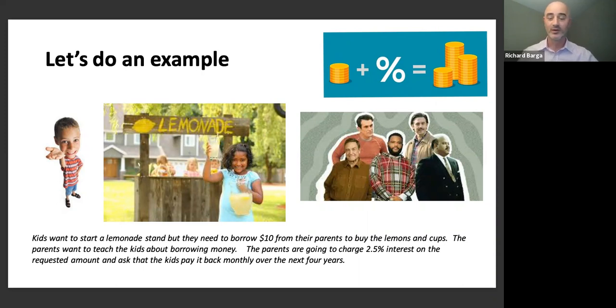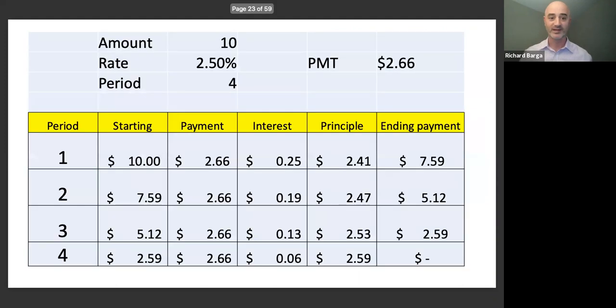So what do the kids have to do? They have to create a schedule. They have to figure out how much money they need to pay, plus interest, to make sure they can pay off this debt to their parents for their lemonade stand.